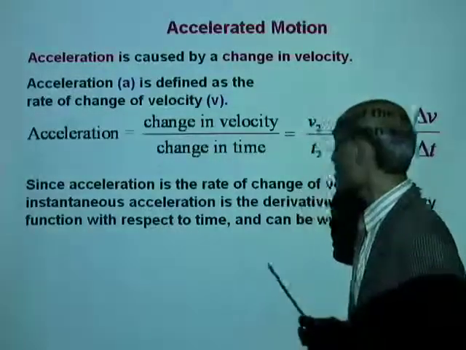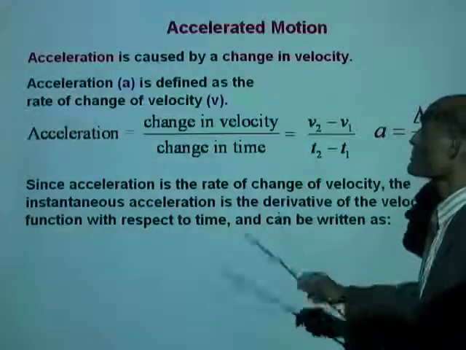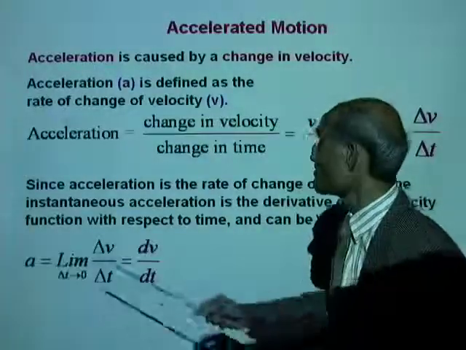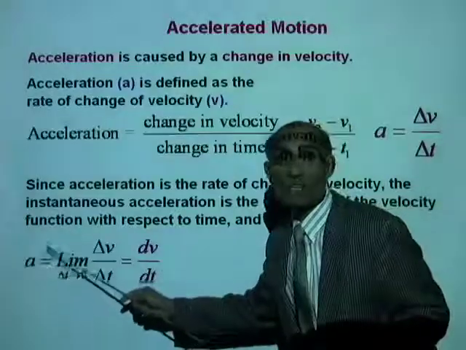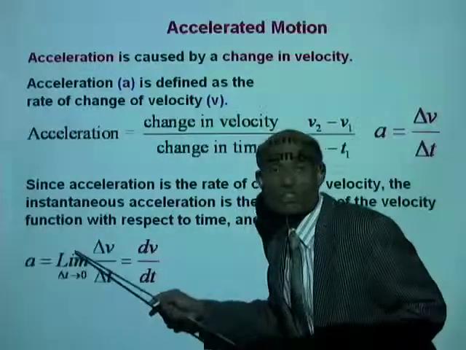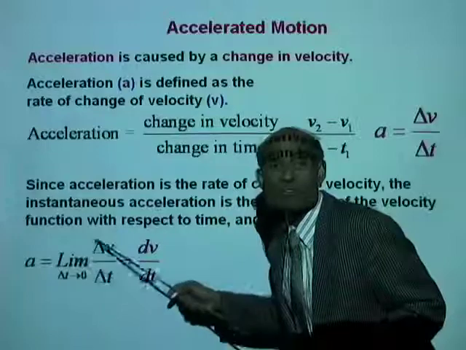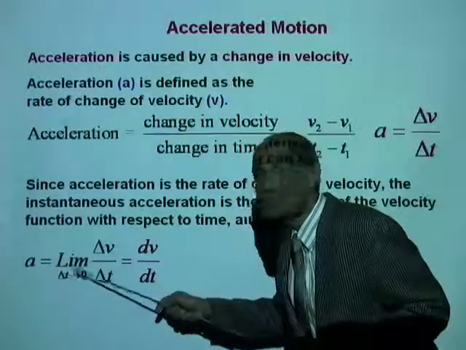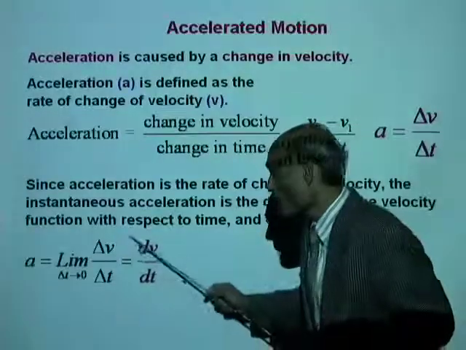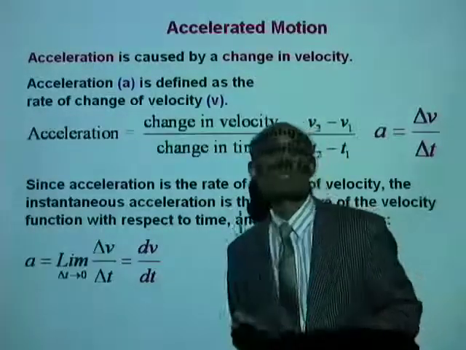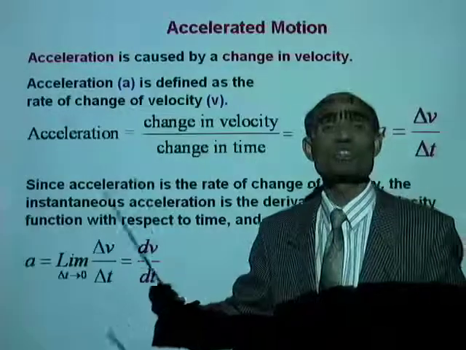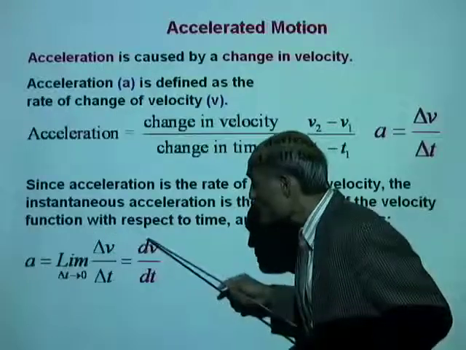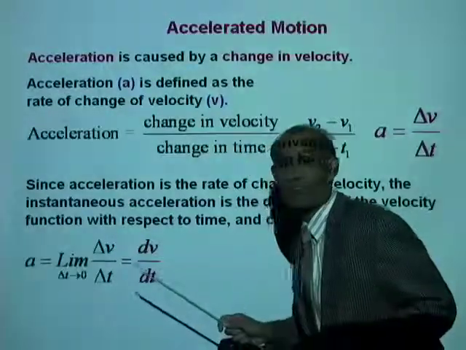So instantaneous acceleration is the derivative of the velocity function with respect to time, and we can write it like this. Instantaneous acceleration is the limiting value of delta V over delta T when delta T approaches 0, and that is what we call the derivative of the velocity function with respect to time. So acceleration is the derivative of the velocity function.